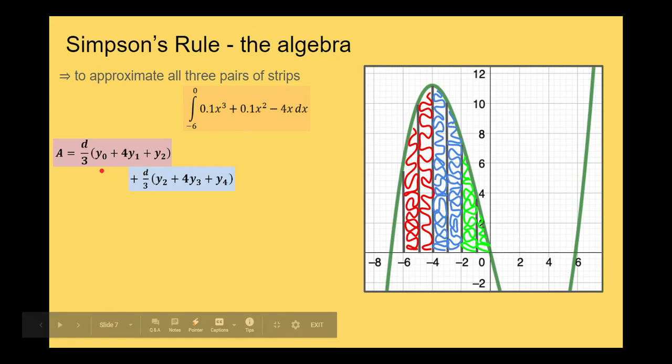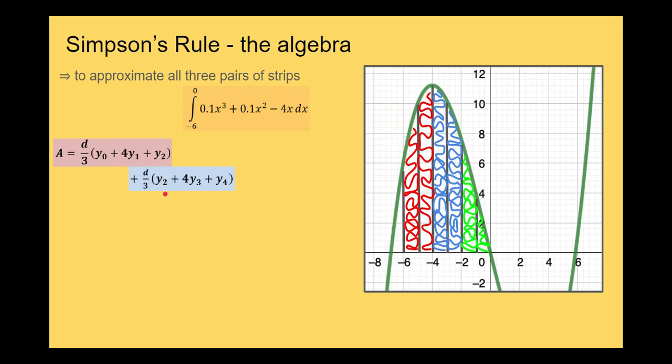So notice instead of y0, y1, and y2, we've got the next set of 3 y values. The y2 values overlap because that value there is the end value for the red area and the first value for the blue area. And then for the green area down here, we've got it in terms of y4, y5, and y6.